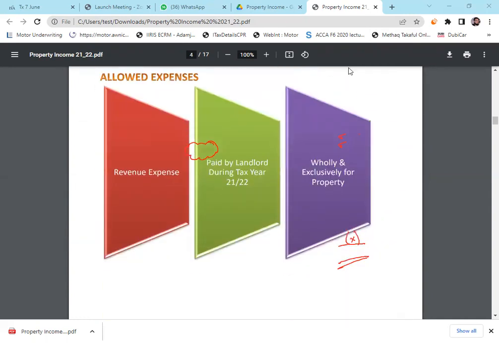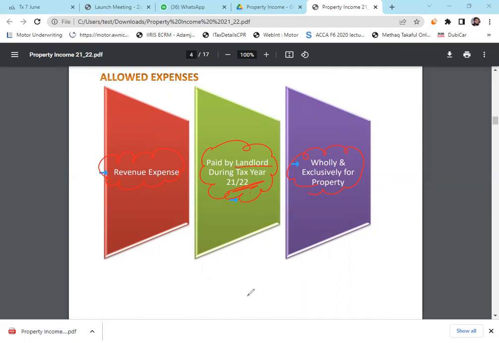Look at this slide, please. Expense must be revenue expense. Second, this should not be a personal expense of the landlord. This expense must be property related expense. Revenue expense, property related expense, and the third one is paid by the landlord during the tax year 21-22.